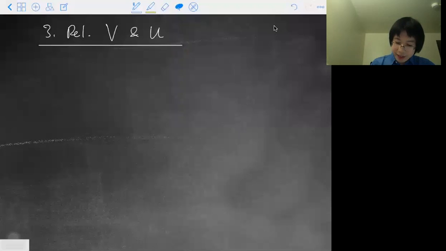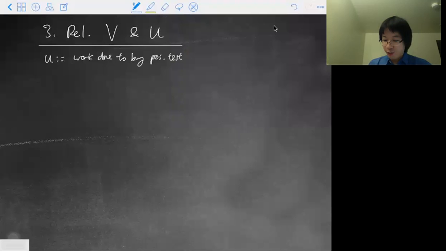So what is it? U is, let's look at the word definition. This is work done to bring, again, I'm copying the same thing many times, but just to drill this into your head because you really need to know this definition. It's probably the most abstract definition of the whole course, the potential and potential difference.